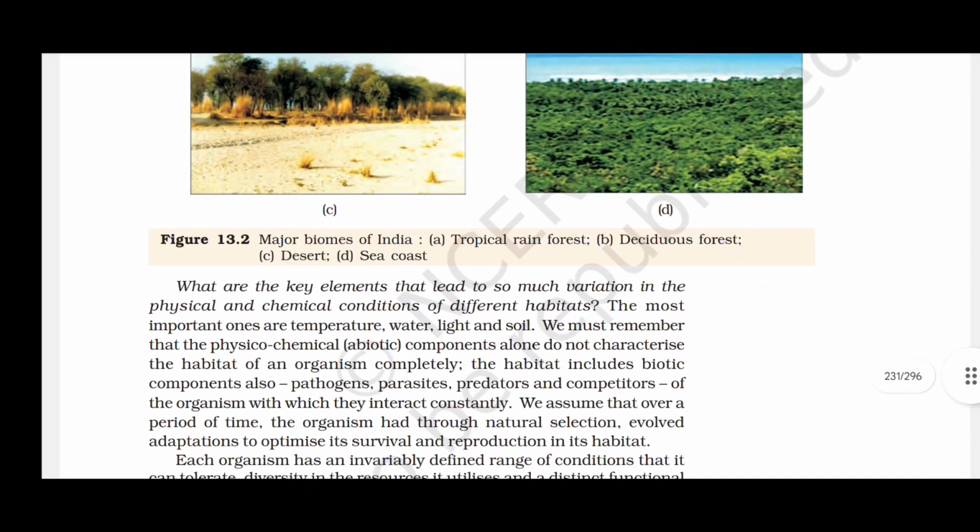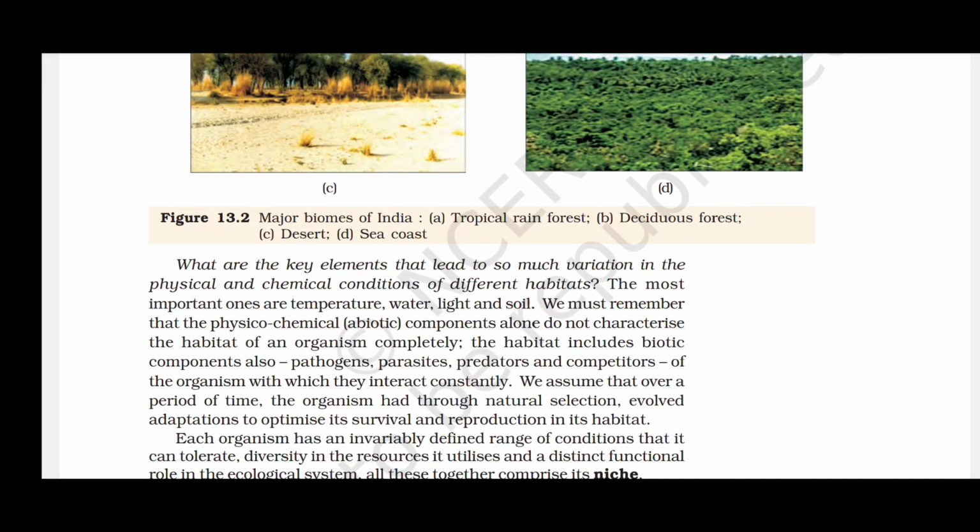What are the key elements that lead to so much variation in the physical and chemical conditions of different habitats? The most important ones are temperature, water, light, and soil. We must remember that the physico-chemical abiotic components alone do not characterize the habitat of an organism completely.